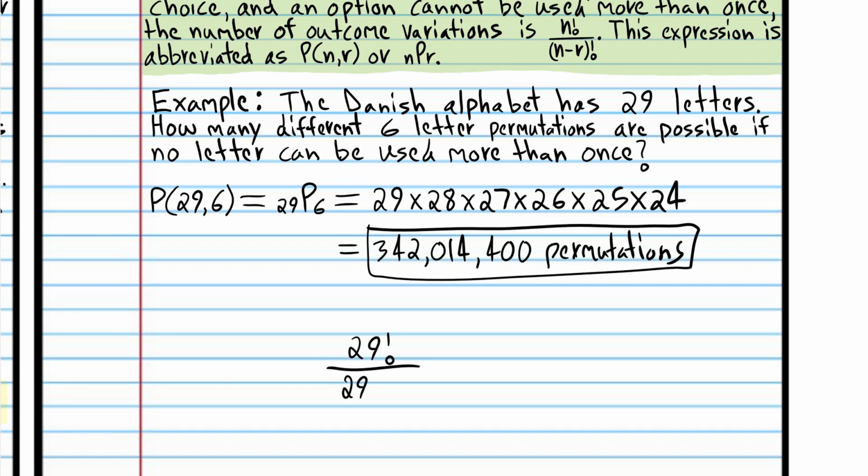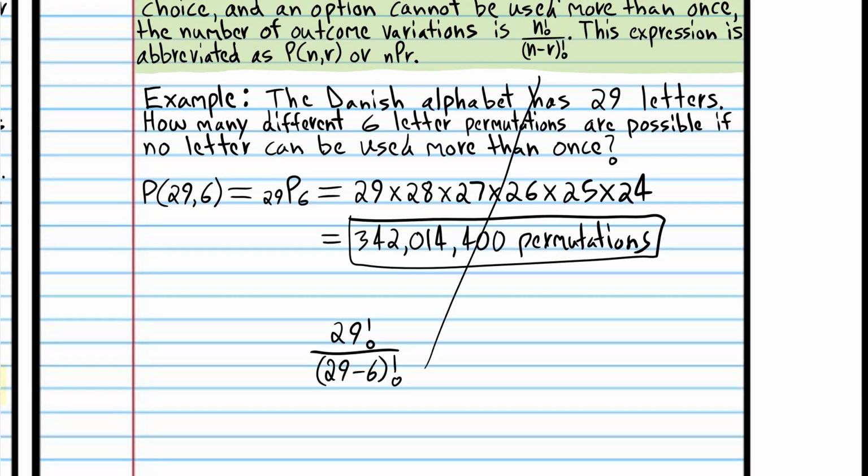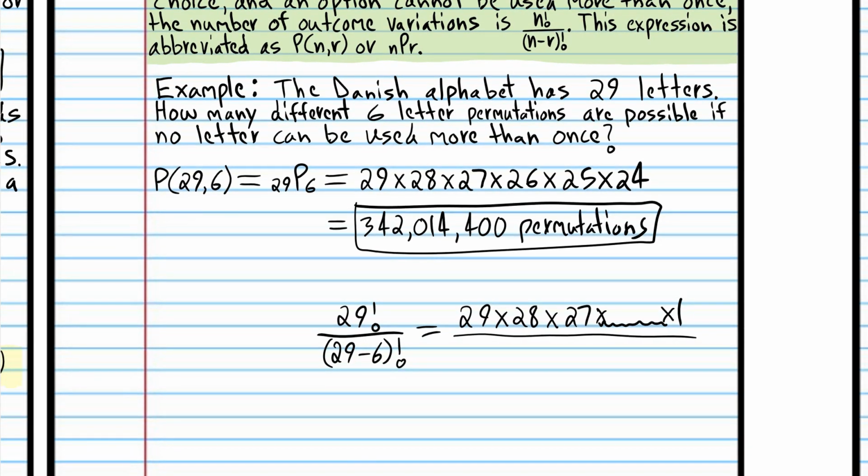And 29 minus 6 is n minus r up here. And what this means is that we're going to calculate 29 factorial in the numerator, but that would go all the way to 1. And in the denominator, we're going to calculate 29 minus 6 factorial, which is 23 factorial.